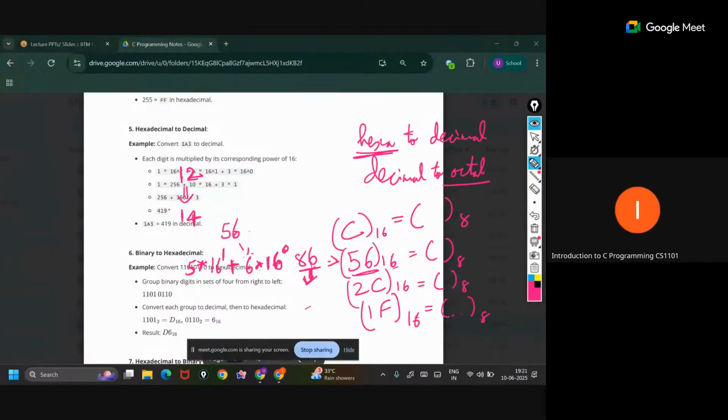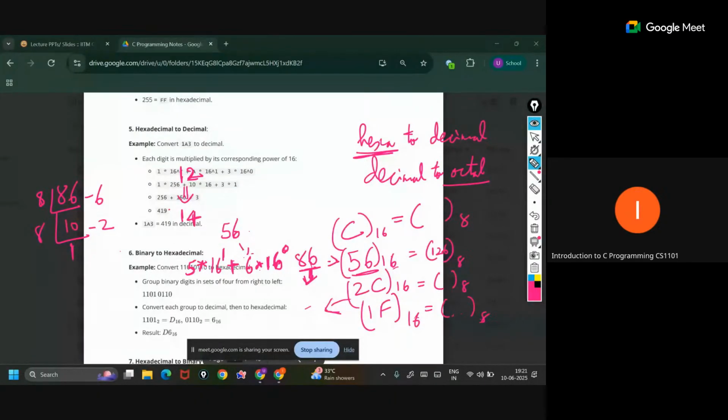Again, this 86 has to be divided by 8, so I'll get 10 and remainder 6. 10 is again divided by 8, so I'll get 1 and 2. So 126, right? Yes, ma'am.